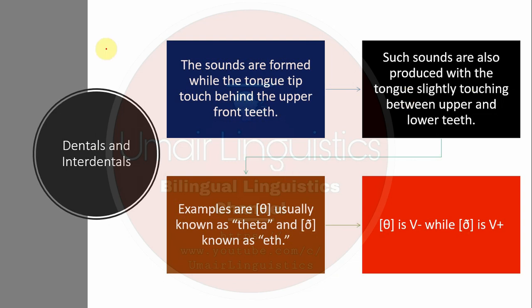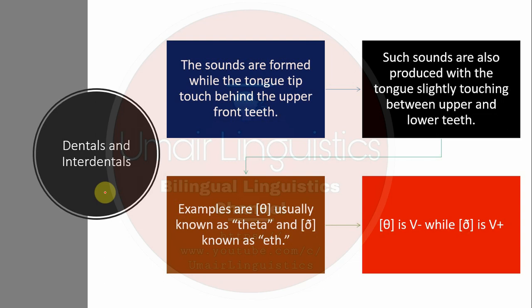So what happens sometimes is that the tongue protrudes just between the upper and lower teeth. If you produce this sound while keeping your tongue between the upper and the lower teeth, in that case this sound will be called interdental.